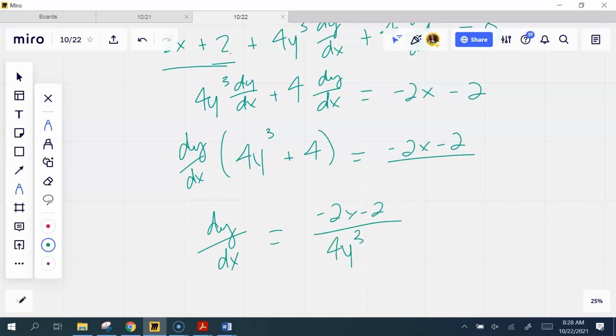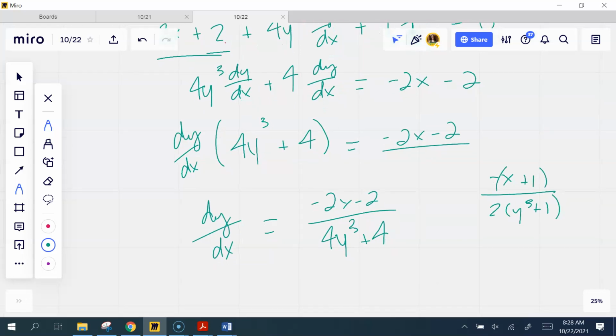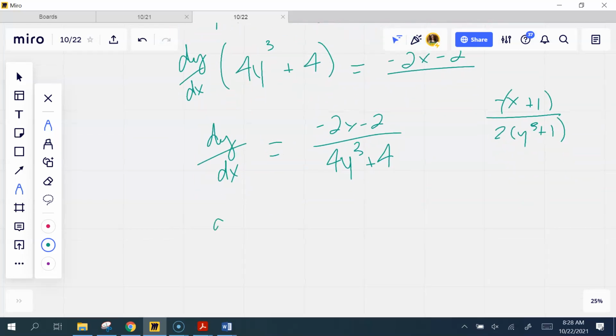Now remember what we had to do, what it had to look like, right? We had negative (x plus 1) over 2 times (y cubed plus 1). That's what I've got to get back to looking like. So let's take out some. Since this has got to be x plus 1, and there's a negative in front, I should probably take out a negative 2.